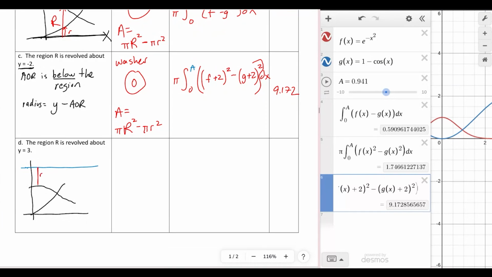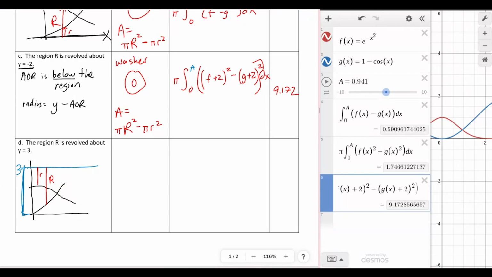This is my little r. Here's my big R. The way we're going to come up with both of those radii is to find the distance between the x-axis and the axis of revolution, which should just be the axis of revolution itself, right? From here to here, that's just 3, right?